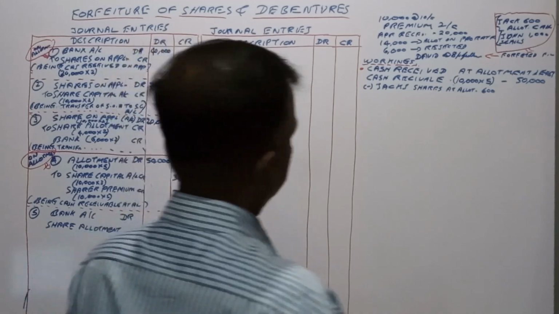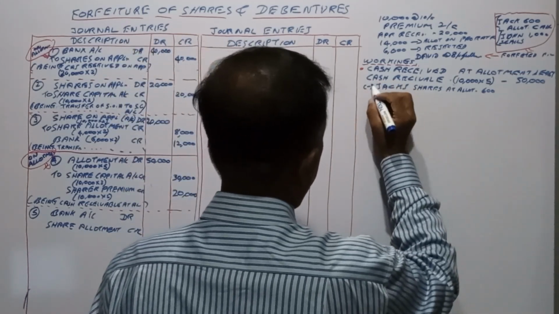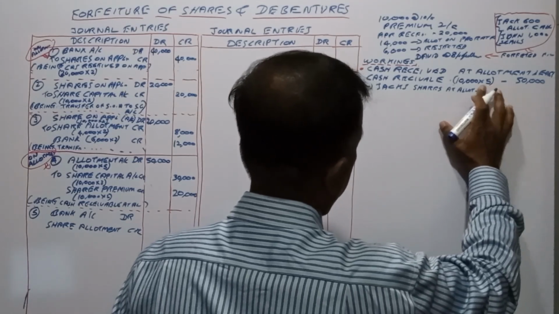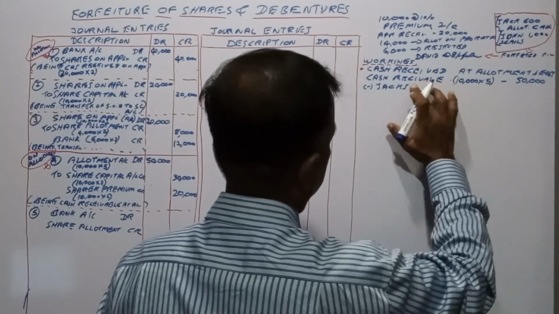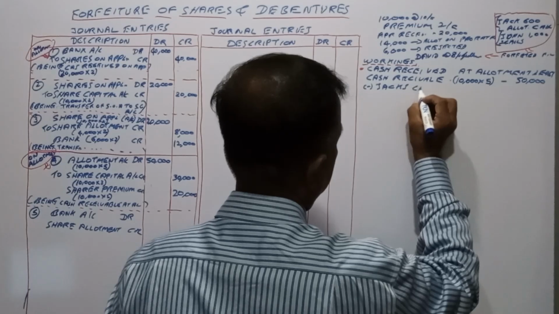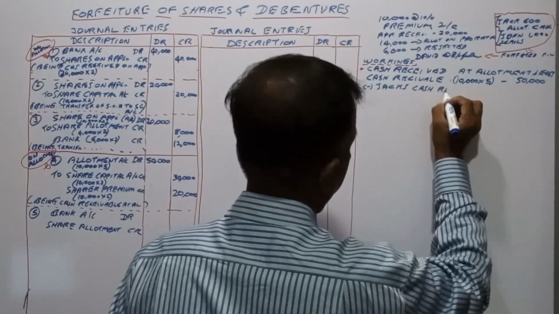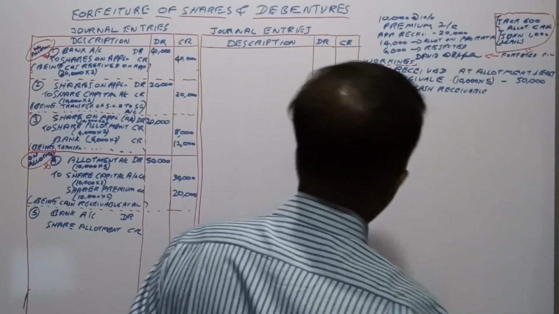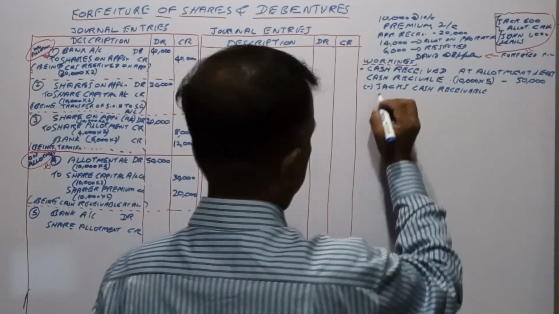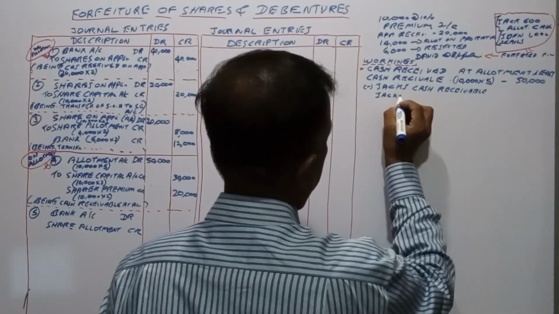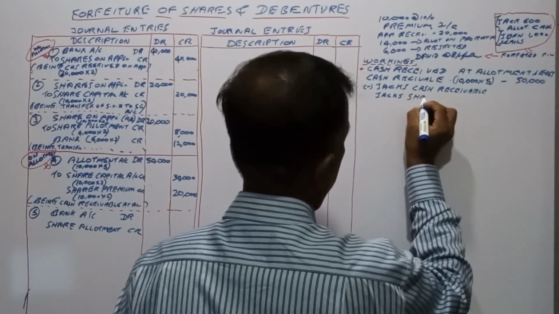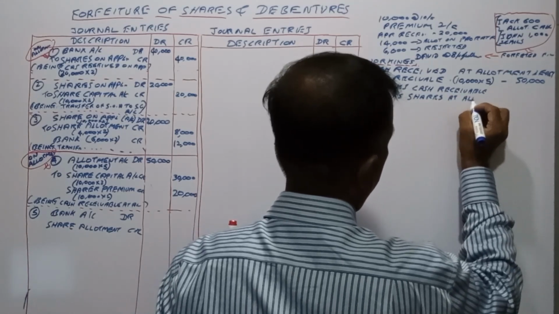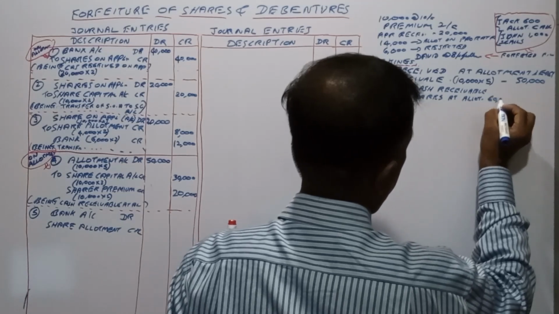Therefore, Jack's cash receivable, that is Jack's shares at allotment level, and level is 600, right? 600.